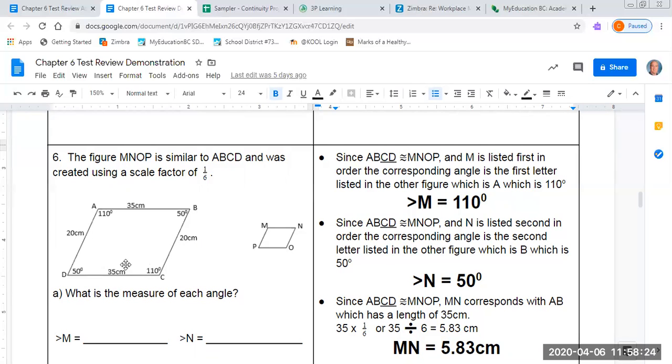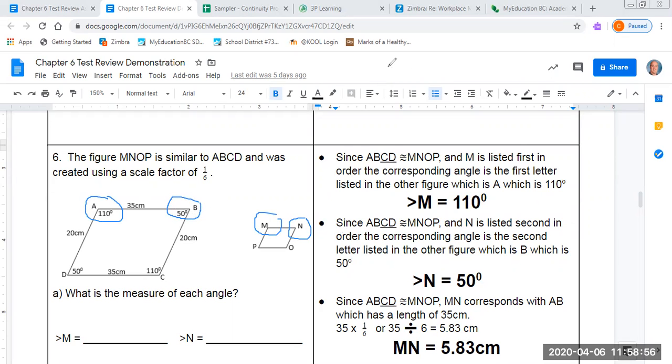So if I look at angle M here, angle M corresponds with angle A over here. Therefore, the angle measurement must be 110 degrees for angle M as well. Likewise, angle N corresponds with angle B of 50 degrees. So therefore, angle N is going to be 50 degrees.